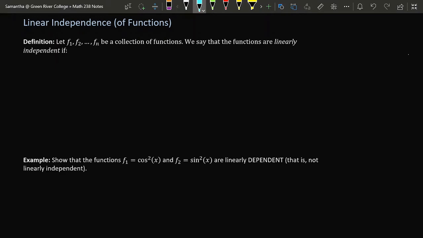Definition. So we've got a collection of functions, let's just generically call them f1, f2, fn.